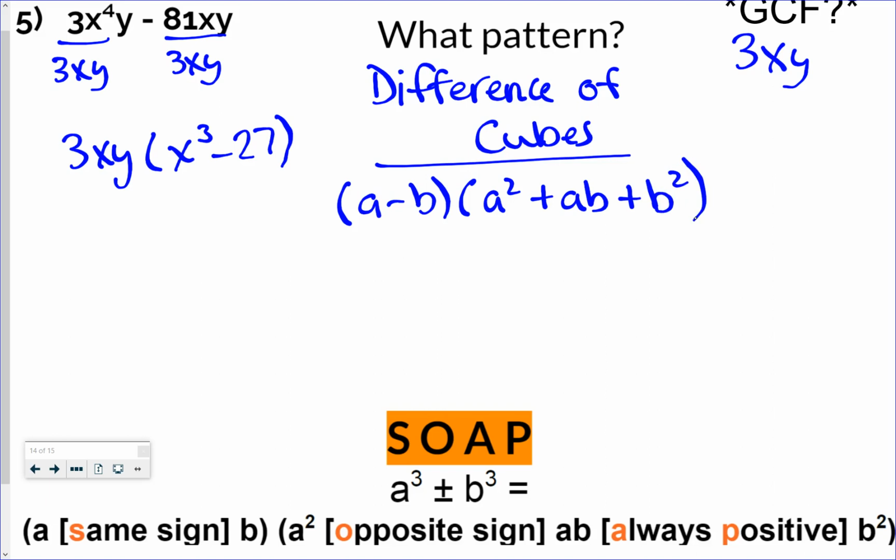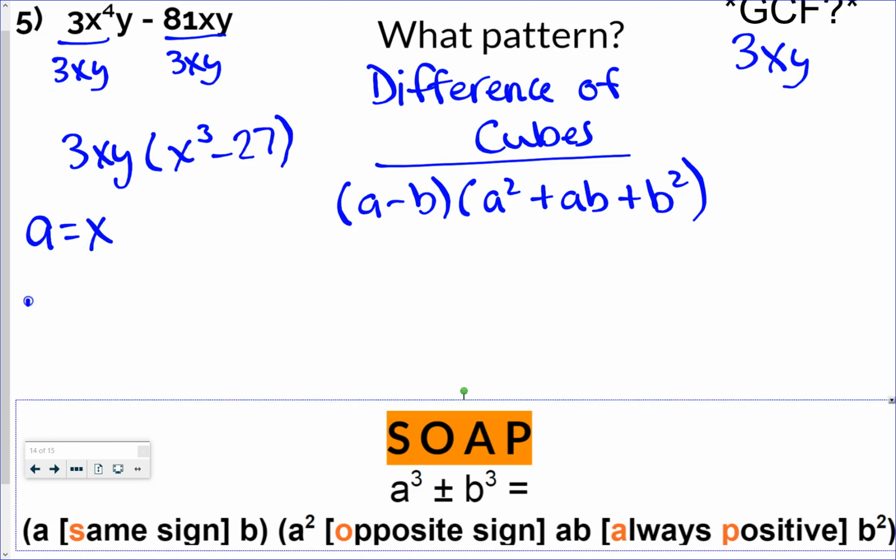Okay? Helps to know what's my a and what's my b, right? My a is technically what this time? The x. Good. Because the cube root of x cubed is x. And then my b this time, so what is the cube root of 27? 3. So a is x, b is 3.